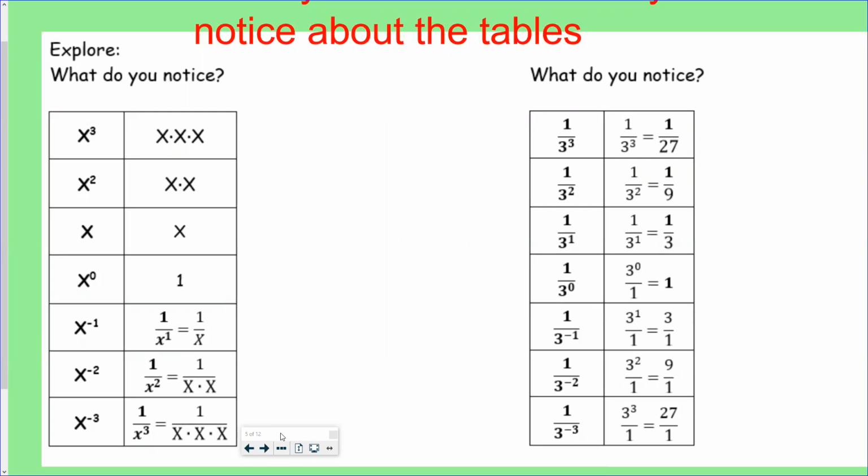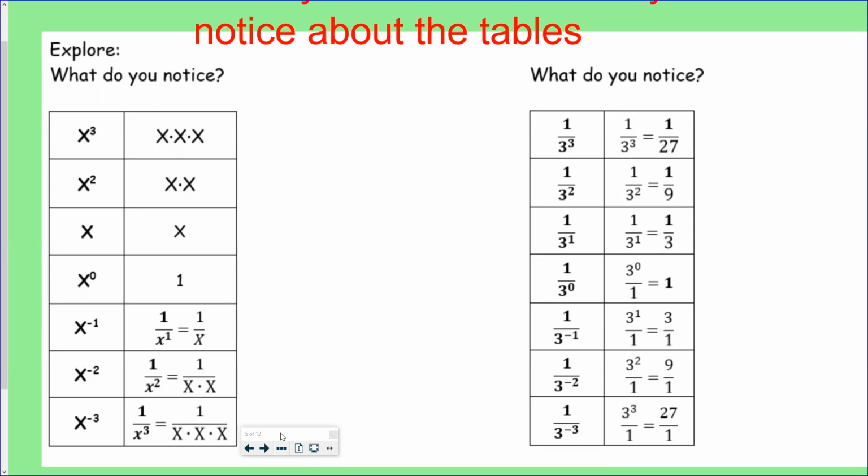X to the third gives us 3 x's. X to the 2 gives us 2. X gives us x. X to the 0 gives us 1. We just talked about that in our notes. But x to the negative 1, we talked about that on Friday. Whenever we have a negative exponent, it brings us to the bottom of our fraction. Notice x to the negative 2 has 2 x's on the bottom.